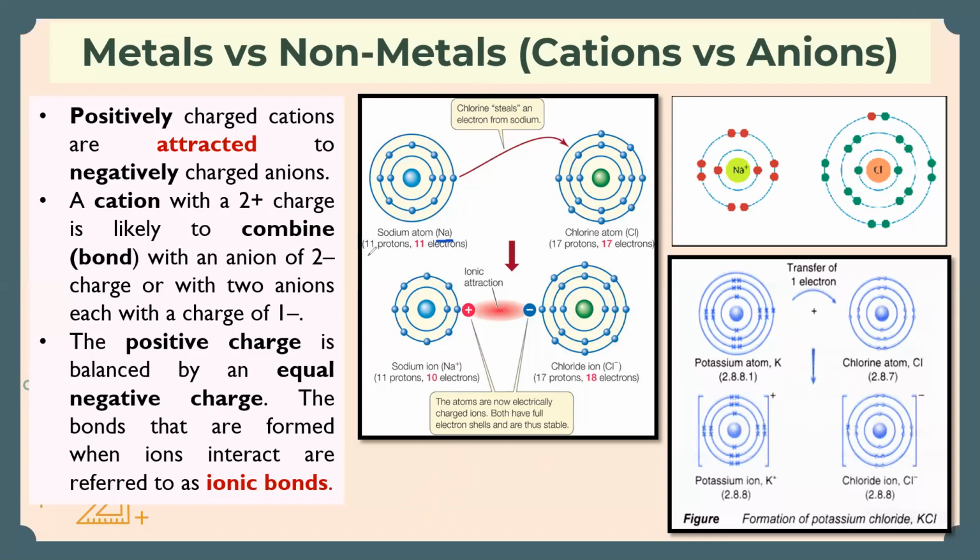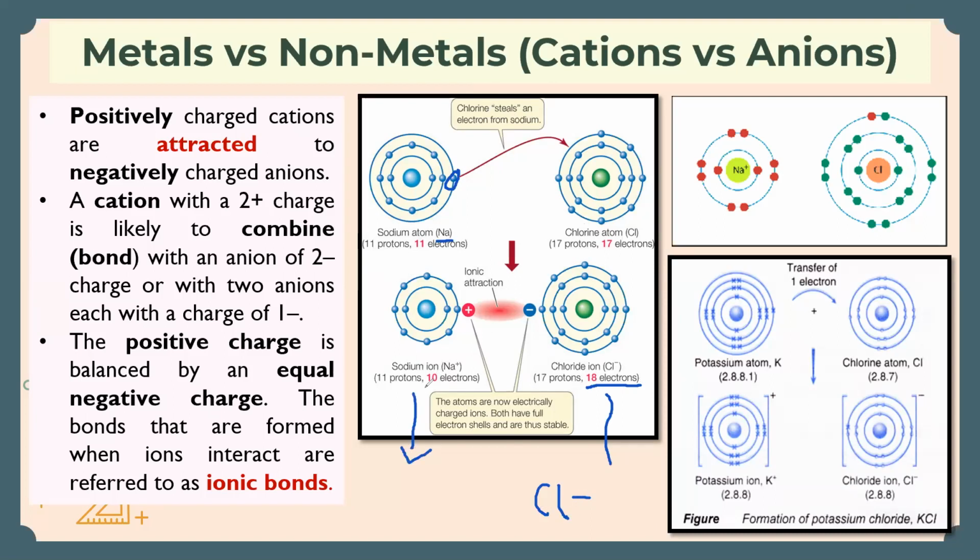So sodium by itself has 11 protons and 11 electrons, and chlorine has 17 protons and 17 electrons. When sodium donates that one outermost electron, which we can see here, to chlorine, chlorine actually gets more electrons in that process, which means it becomes more negative, which is why chlorine's ionic symbol is Cl minus.